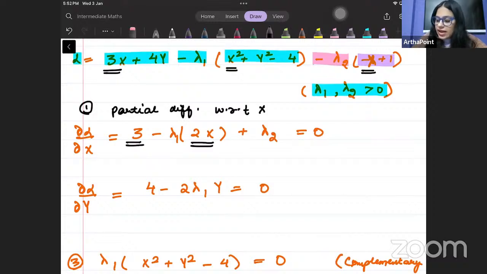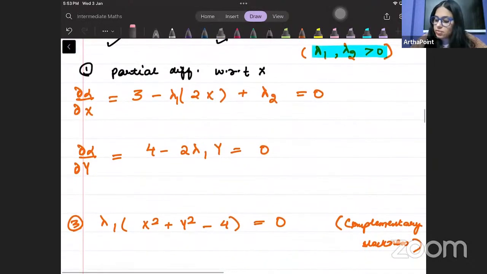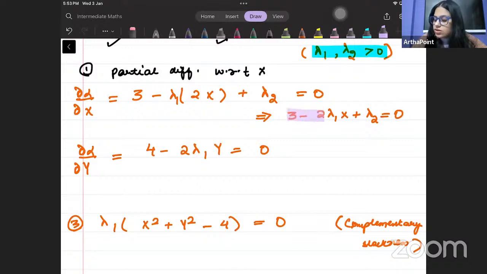So I will get 3 minus lambda 1 into 2x minus lambda 2 into minus 1, so it will be plus lambda 2. That is the first partial derivative. Solving it, I get 3 minus 2 lambda 1 x plus lambda 2 is equal to 0. This is my first condition.